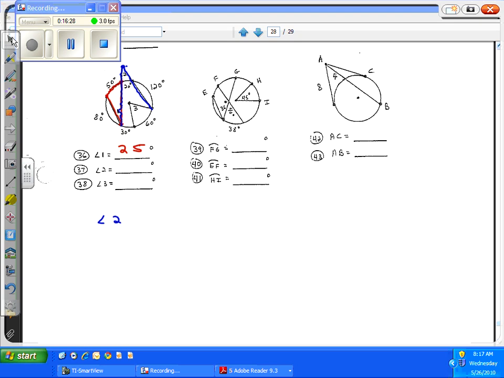Angle 2, we would say, well, where's its vertex? The vertex is outside. If the vertex is outside, what's the rule? The rule is that the angle is 1/2 the difference in the intercepted arcs. What are the intercepted arcs?